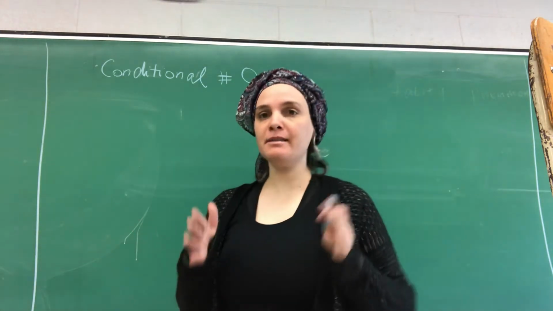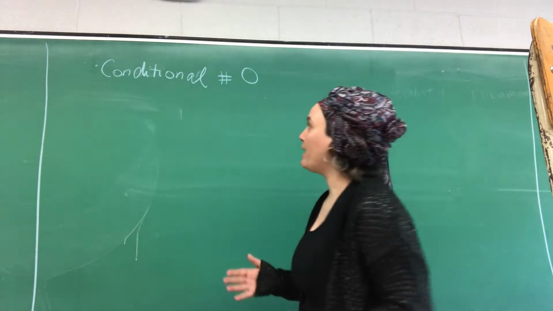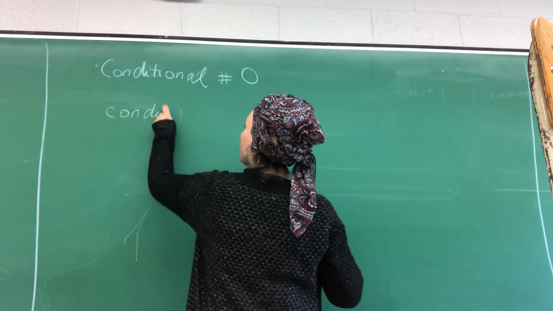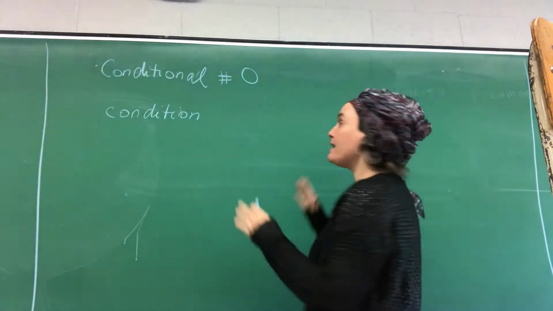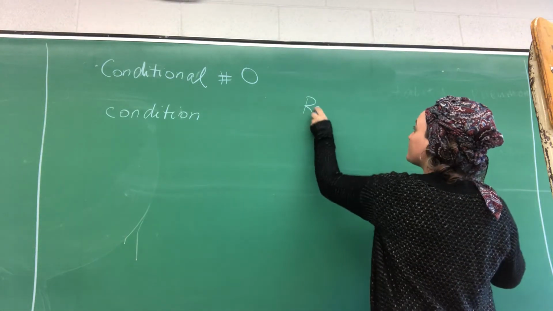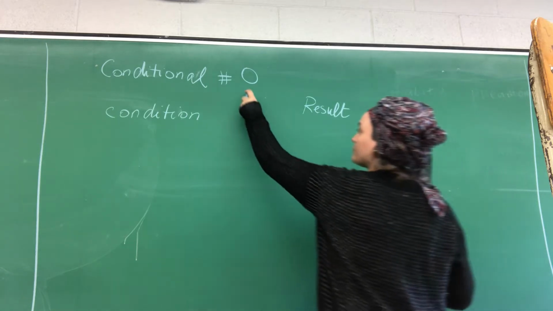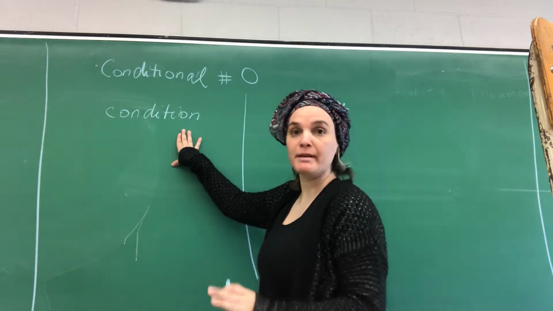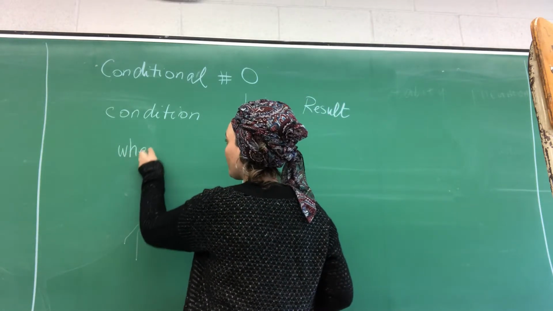Any conditional, it doesn't matter which number it is, it has two parts, right? We have the condition part, right? And then there is the result part. So with the condition, we basically use something like when or if.